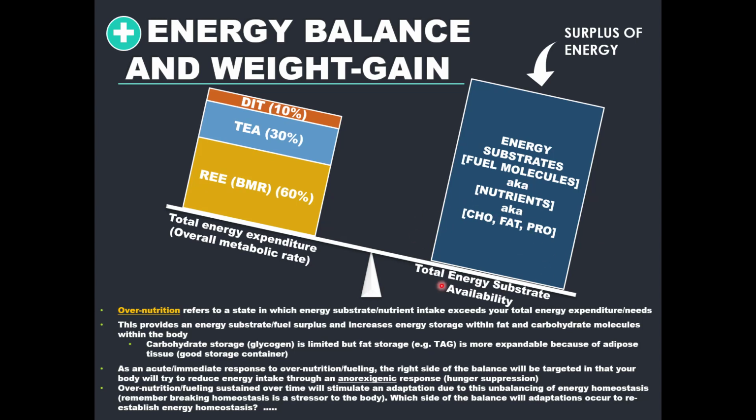So to re-establish an energy balance or homeostasis in the situation of an energy surplus, the body will immediately reduce the fuel and thus energy intake, again, to flatten this out. How? This is going to happen through what we call an anorexigenic response, and that's spelled right here. An anorexigenic response simply means hunger suppression or decreased appetite.